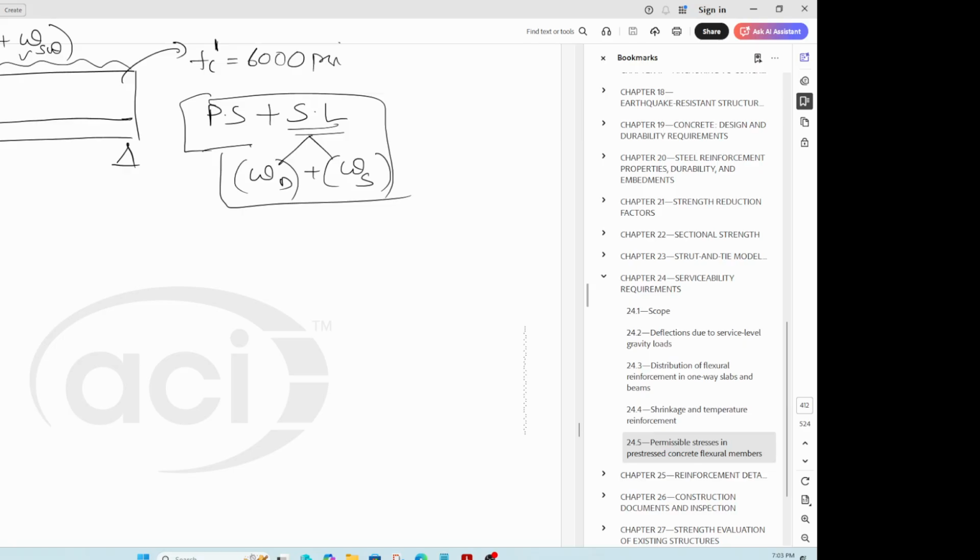Now after some time, it's going to go back and it will become 160 psi, let's say. So you still have your compression, but it's not fully lost. But then there will be some losses, long-term losses, right? So those are called long-term losses. So your Pf is acting obviously at an eccentricity. Now you have moment due to the dead load, which is trying to... This is the beam.